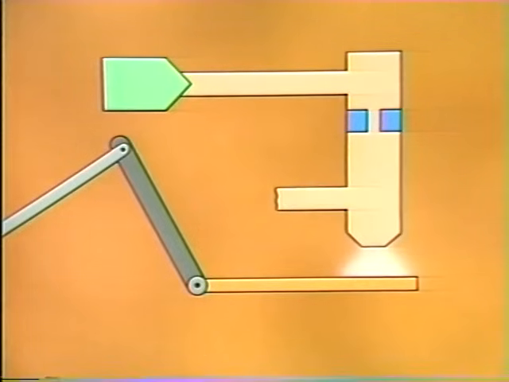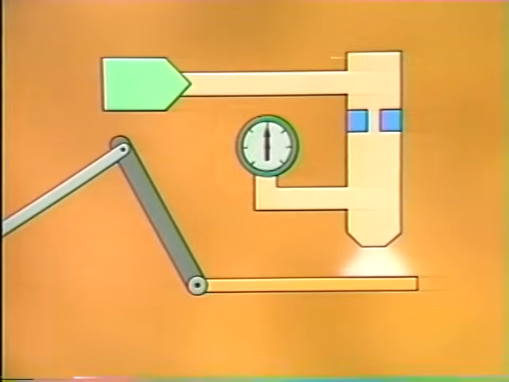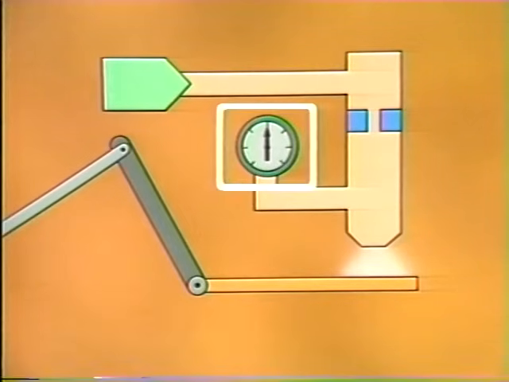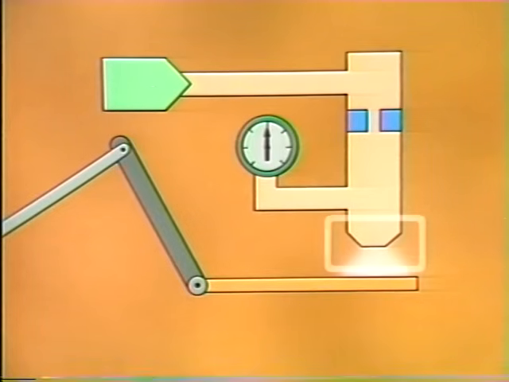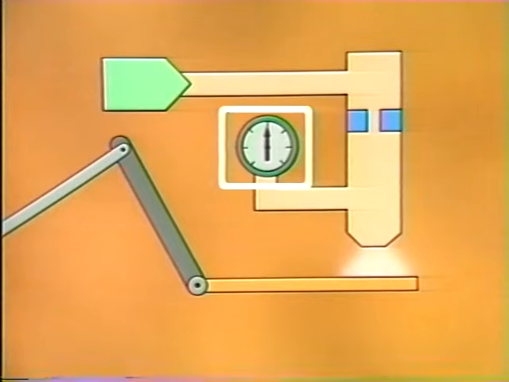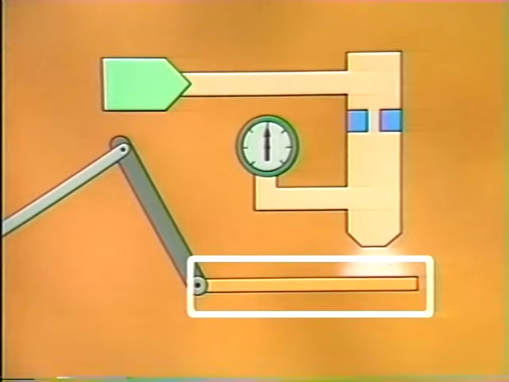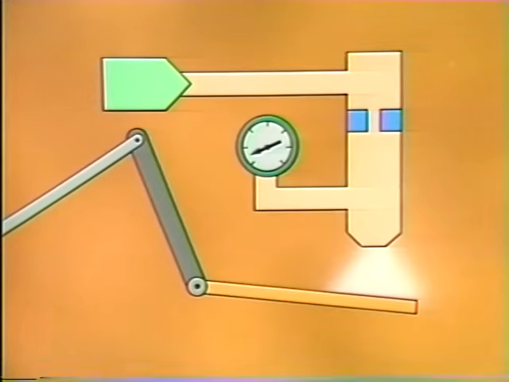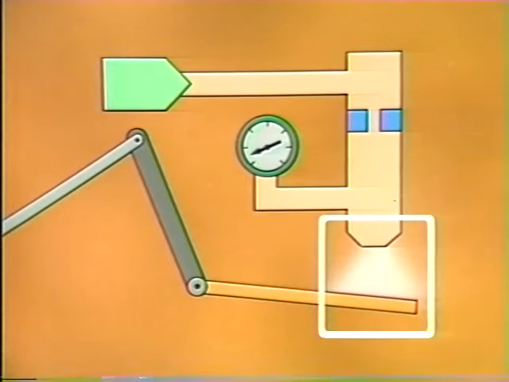But to demonstrate how a typical error detector mechanism works, we'll attach an accurate pressure gauge in place of an output mechanism. The amount of air flowing through the nozzle, and consequently the amount of pressure in the back pressure compartment, as indicated by the gauge, is varied by the movement of the flapper. For example, the flapper may be positioned away from the nozzle.